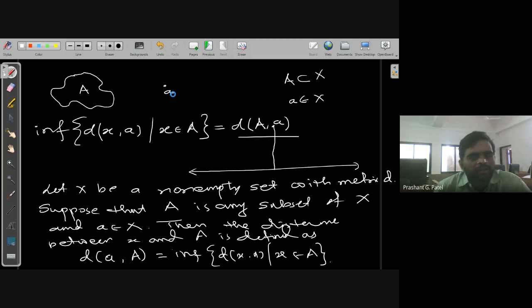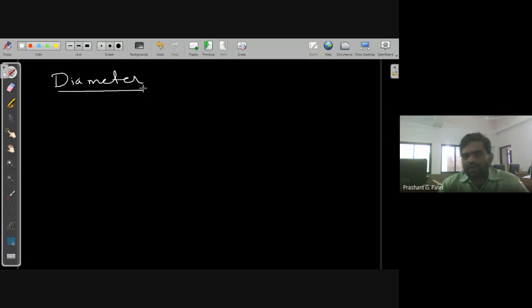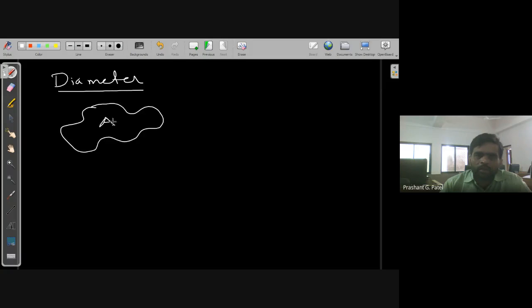The next concept that we would like to define is the diameter, like the diameter of a circle. How will you define the diameter of a circle or of a sphere? I have any set A, which is a subset of a metric space.